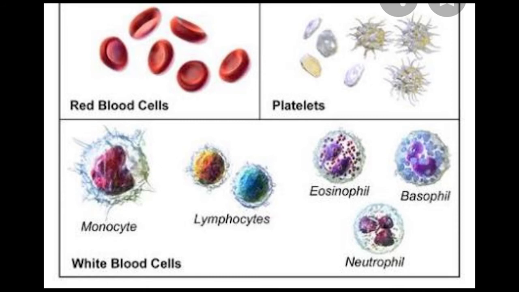Number two is WBC, that is white blood corpuscles. Some of them protect our body from harmful microbes. Some have the ability to repair wounds, etc. And the last, number three, is platelets, which help to coagulate the blood from a wound.